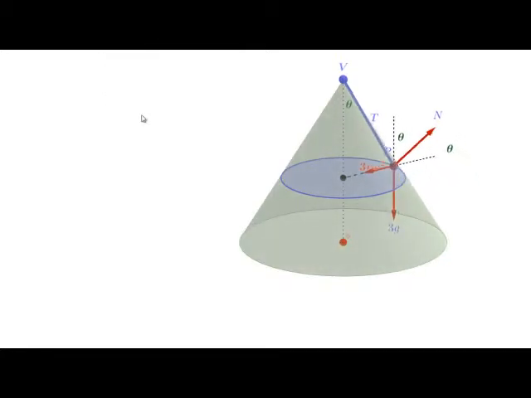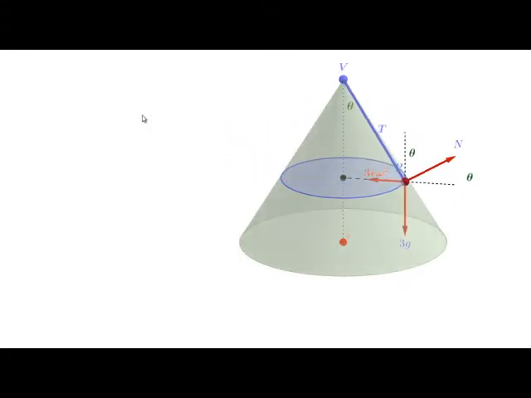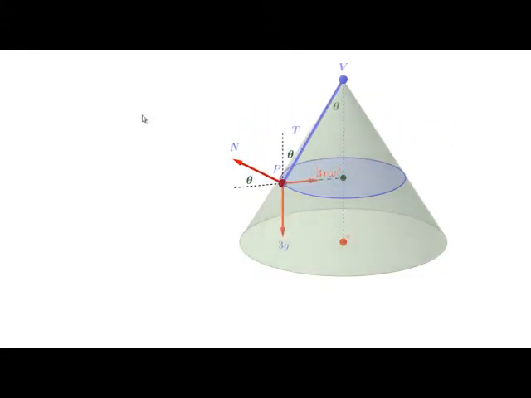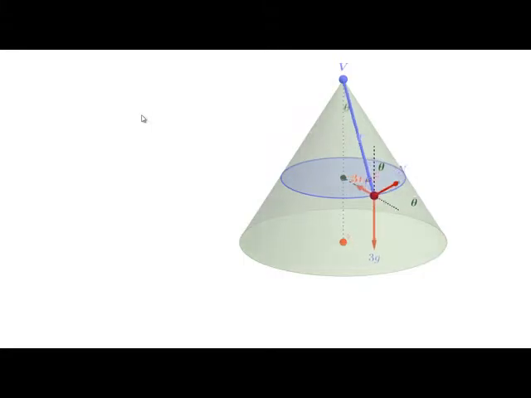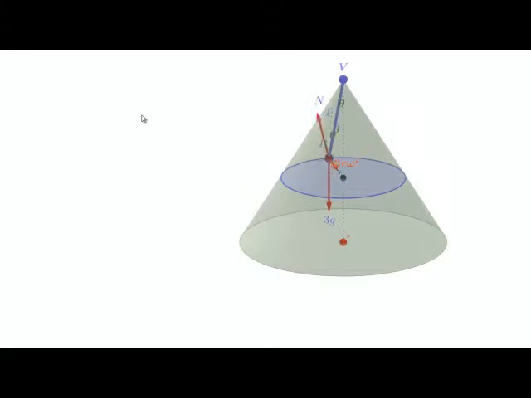Here we go. All right, so we have a few more components to worry about here. We've got the normal's component. We've got the tension in the light inextensible string's component. We know that the centrifugal force is acting towards the center, so it doesn't have any components vertically.